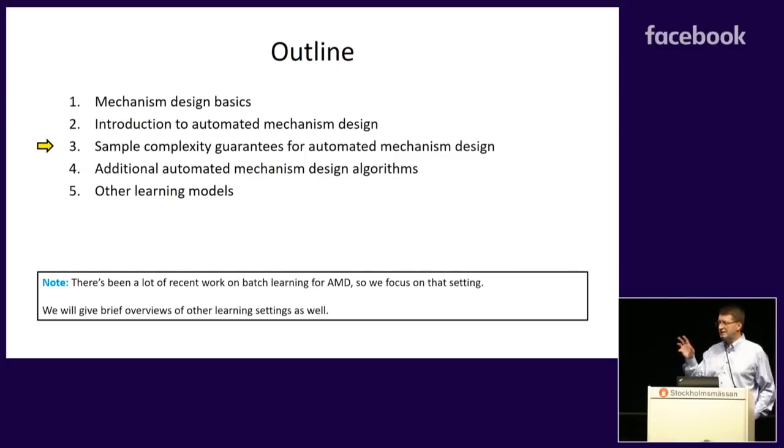If the setting is static, it turns out that there's no benefit to dynamic mechanisms by the revelation principle. If the setting itself is dynamic, there's actually sometimes benefit to going to dynamic mechanisms. Here in this tutorial, we'll talk mostly about the static case, but in the end, Ellen is also going to talk about some dynamic things, although more dynamic things have been done and could be done.